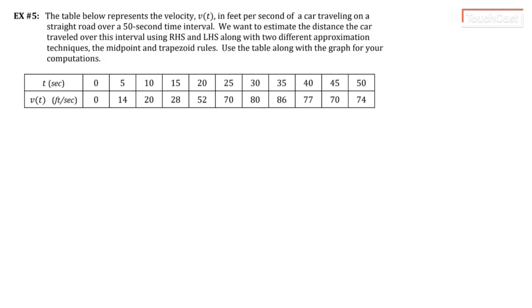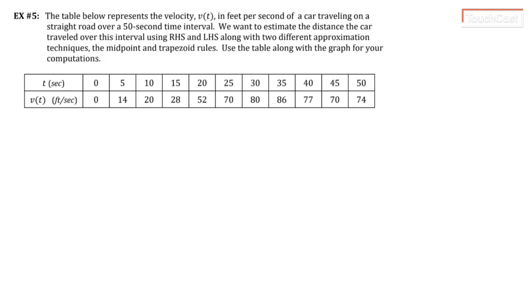All right, moving on to our final example, example 5. This table below represents the velocity, v of t, in feet per second of a car traveling on a straight road over a 50-second time interval. We want to estimate the distance the car traveled over the interval using right-hand sums and left-hand sums, along with 2 different approximation techniques.